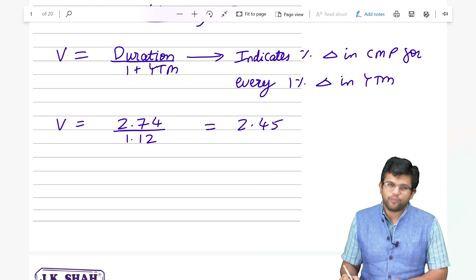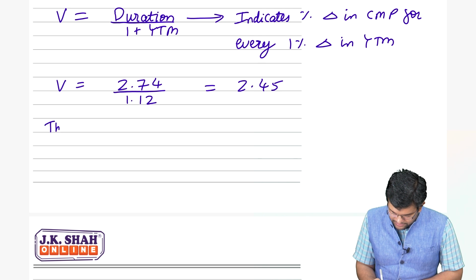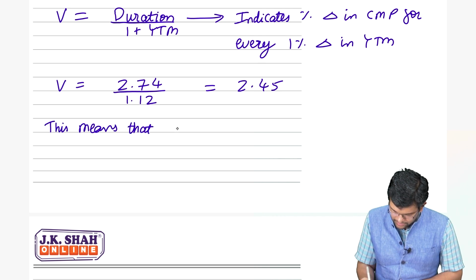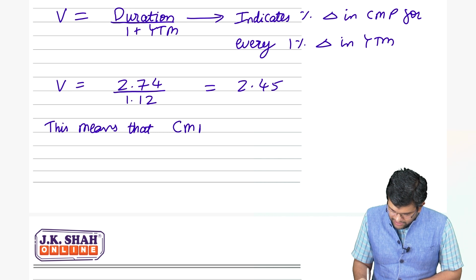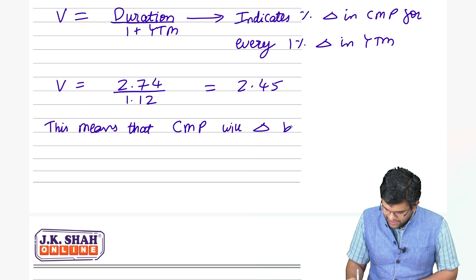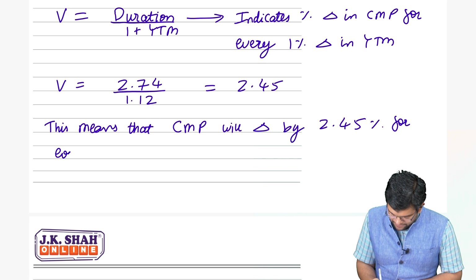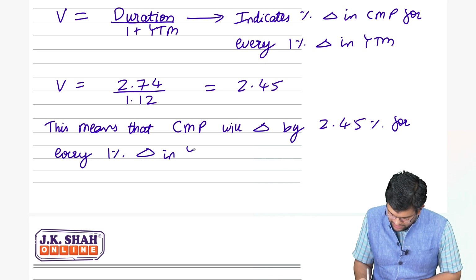Children, what is 2.45? This means that the current market price will change by 2.45% for every 1% change in YTM.